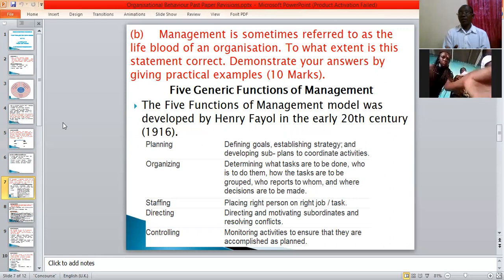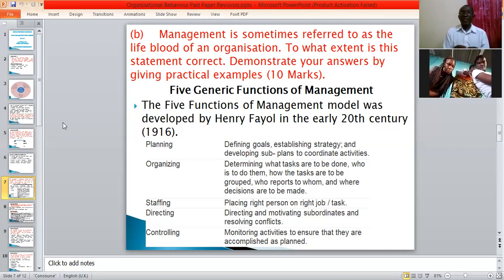In B, they gave you a statement that management is sometimes referred to as the lifeblood of an organization. To what extent is this statement correct? If you look at what we discussed in question number 1, you shouldn't have a problem.